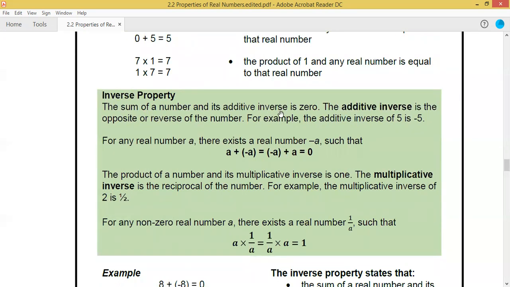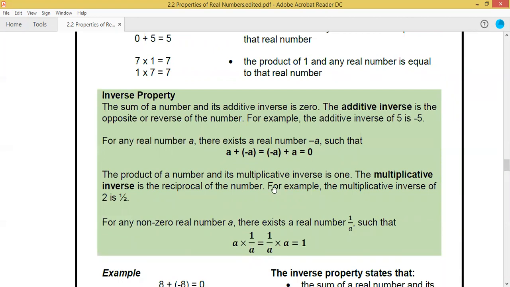For example, if the number is 5, its additive inverse is negative 5. If the number is negative 3, what's its opposite? Yes, it's positive 3. So, once we add 5 and negative 5, the answer is 0. If we add negative 3 plus 3, the answer is still 0.